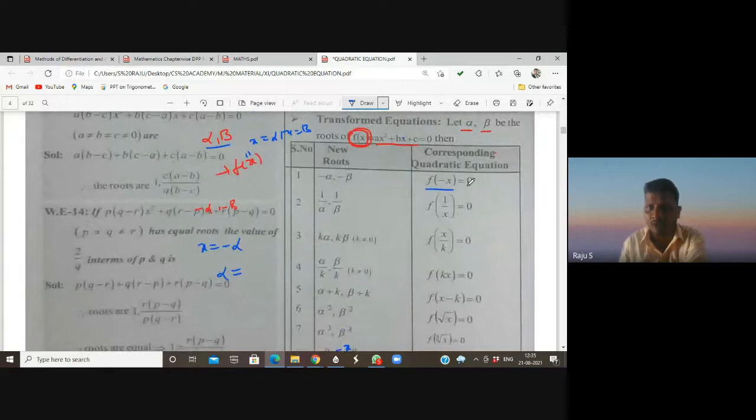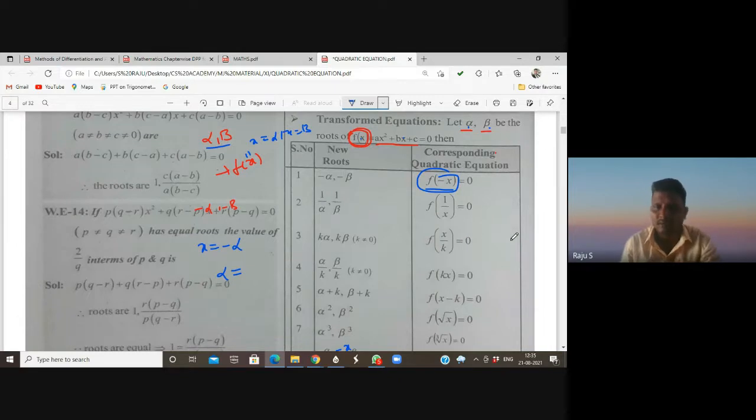How to write the corresponding quadratic equations? Fine. And in case f of x is given and f of minus x is given, alpha, beta are the roots of f of x, then what are the roots of f of minus x, they may ask.